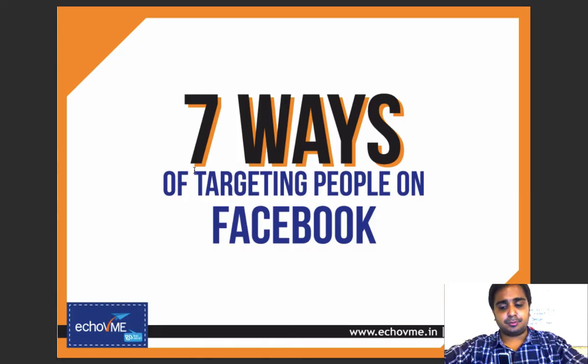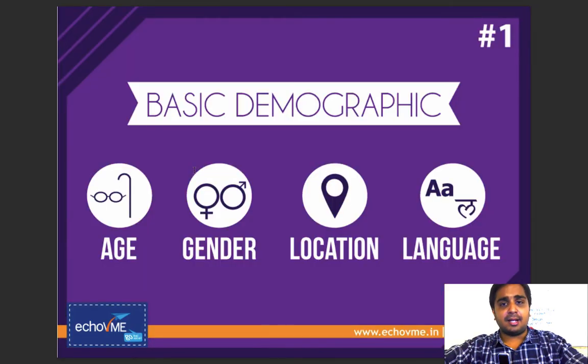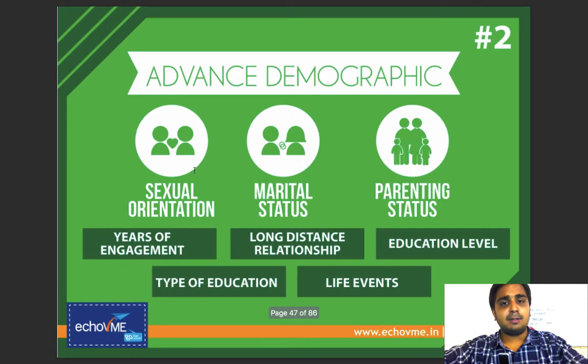Now let's explore. Number 1, you can target people on the basis of basic demographic, which means age, gender, location, and language. You can target people on the basis of advanced demographic. This demographic is completely defined by you. It is basically on the basis of what people submit as data to Facebook.